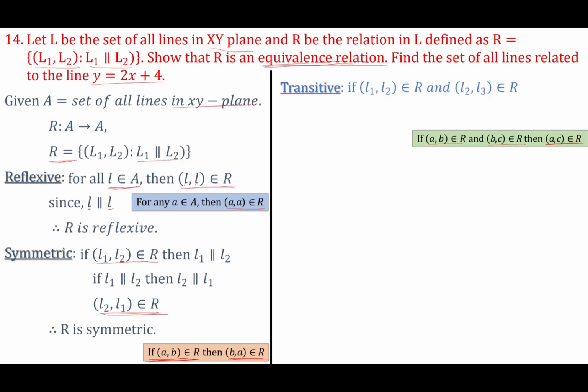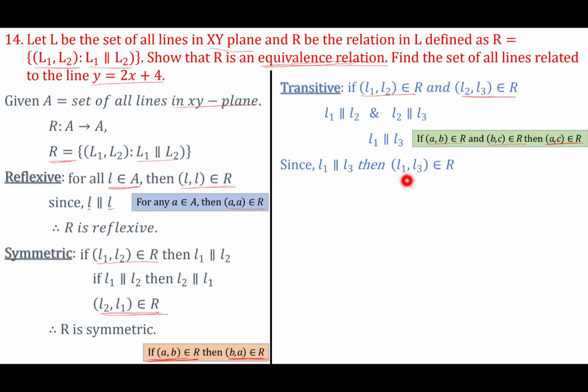If (L1, L2) belongs to R and (L2, L3) belongs to R, as per the definition, L1 is parallel to L2, and L2 is parallel to L3. If you understand, L1 is parallel to L2 and L2 is parallel to L3, which means L1 is parallel to L3, so (L1, L3) belongs to R.